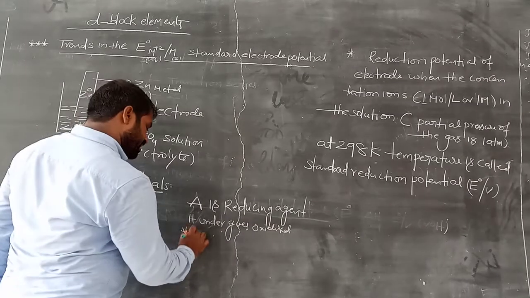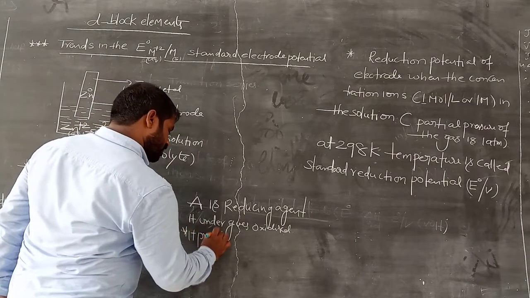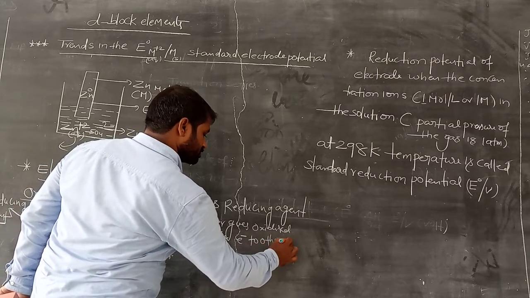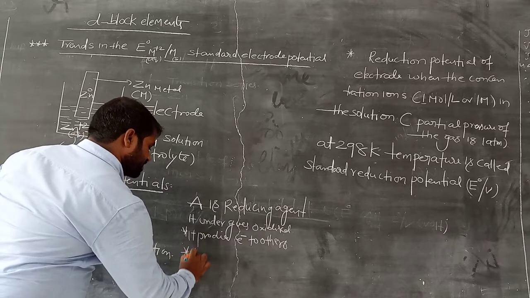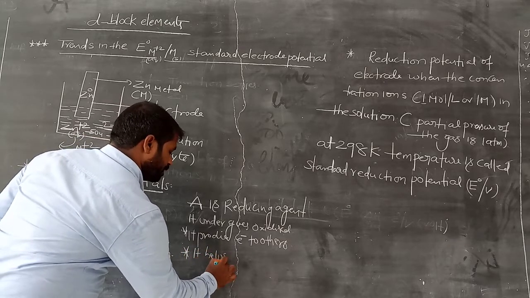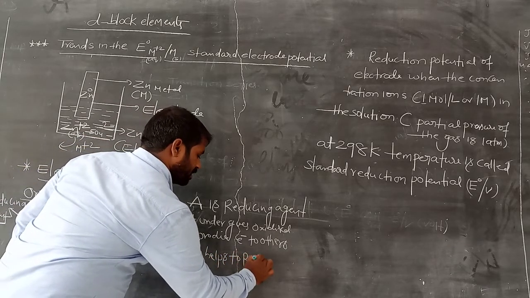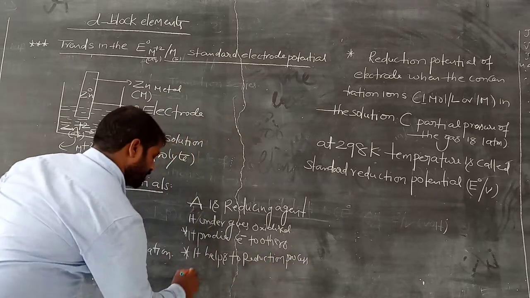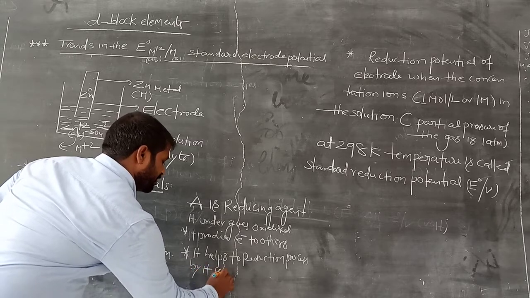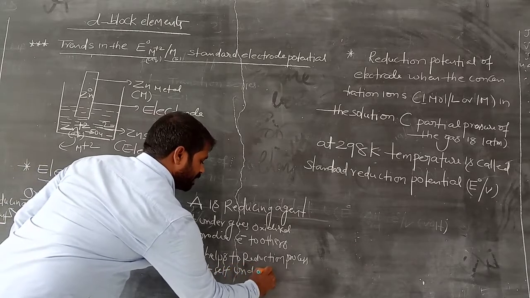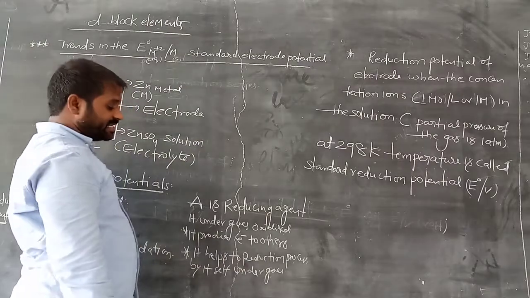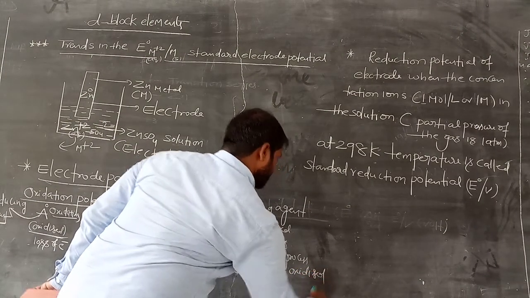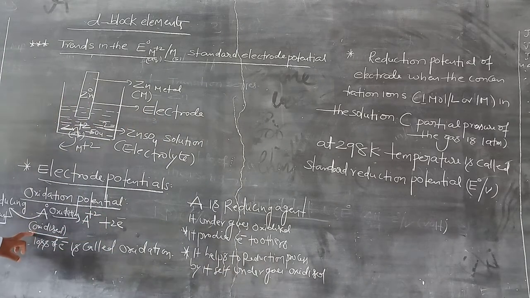That means it produces electrons for others, that means it helps the reduction process while itself undergoing oxidation.